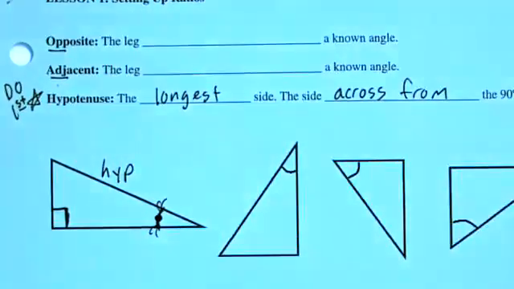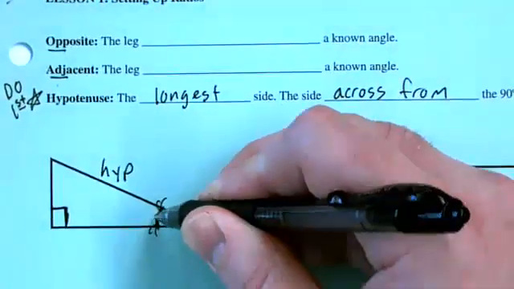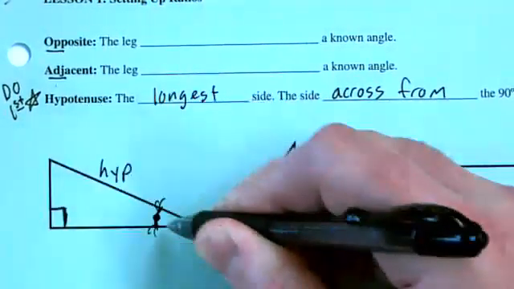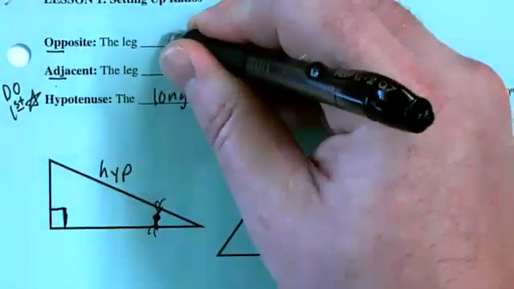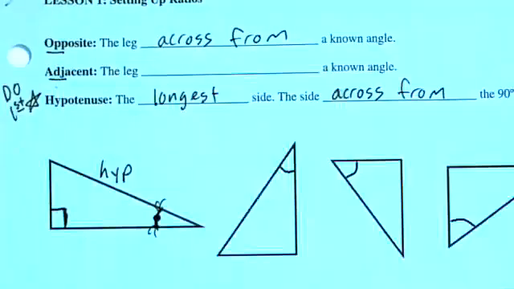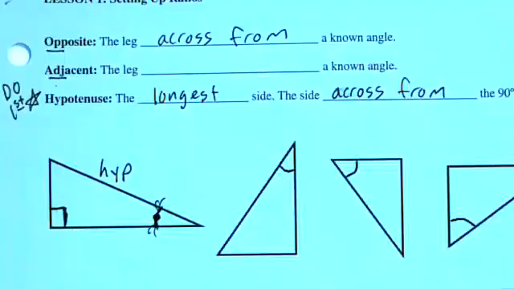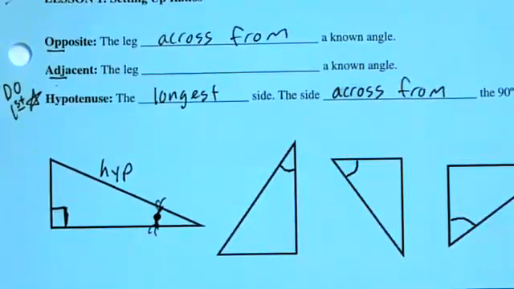And if you think about that eyeball looking into the triangle, the side that's directly across from it is going to be your opposite. So it's the side or leg that's across from your angle.